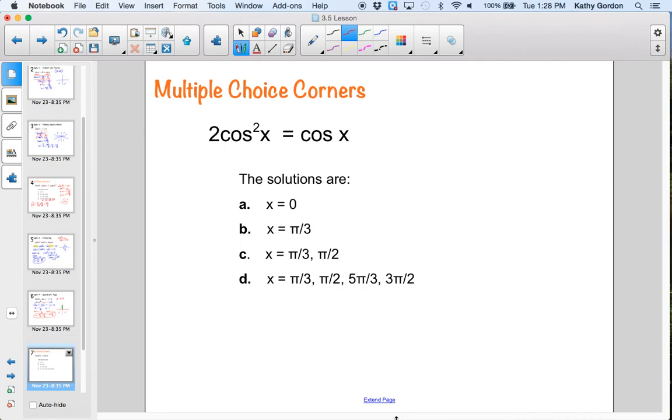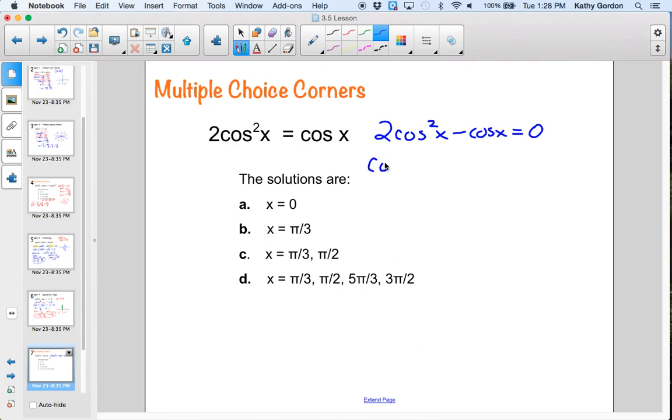Yeah. So what do you do first? Minus cosine x. Minus the cosine x. Remember, you cannot divide by cosine x because there's a variable in it, right? So we're going to minus it. What can we do from there?